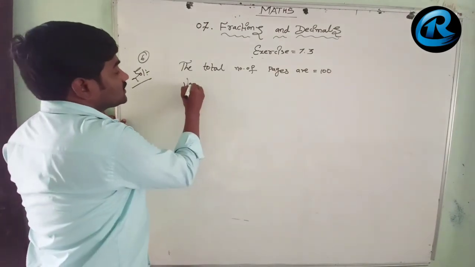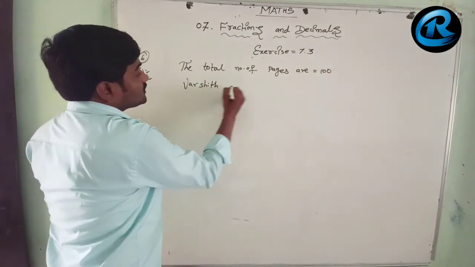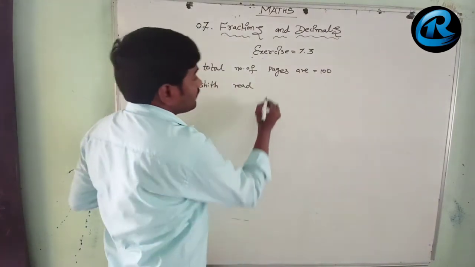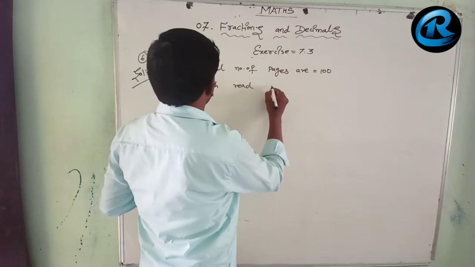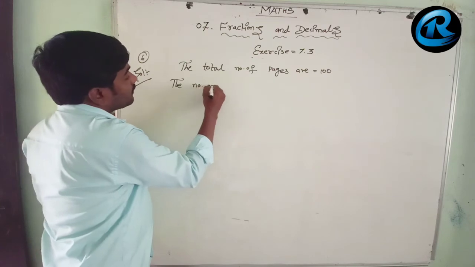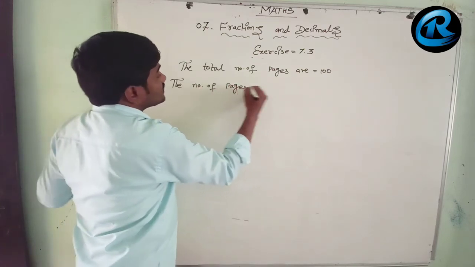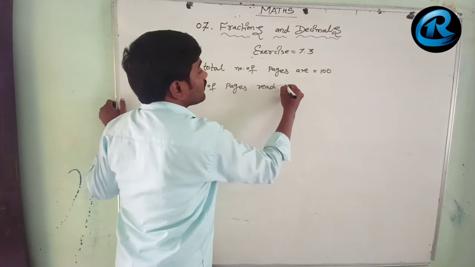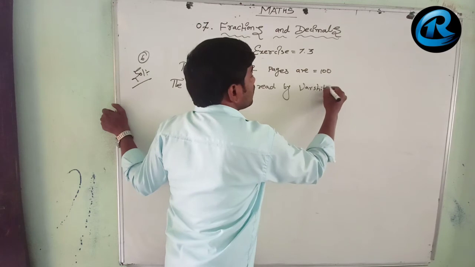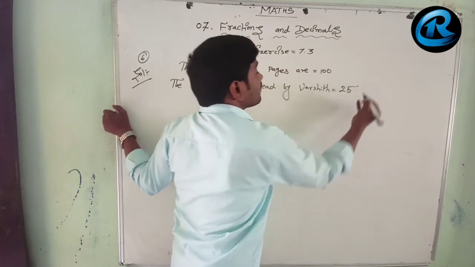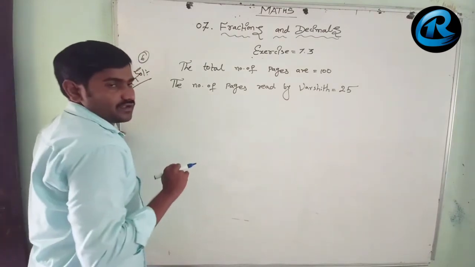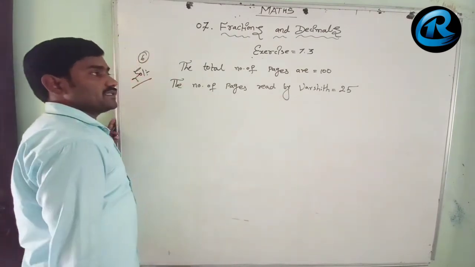Then the number of pages read by Varshit. అంటే Varshit ఎన్ని పేజీలు చదివాడు? 25. Okay. The remaining 75 pages he did not read. Only he read 25 pages.